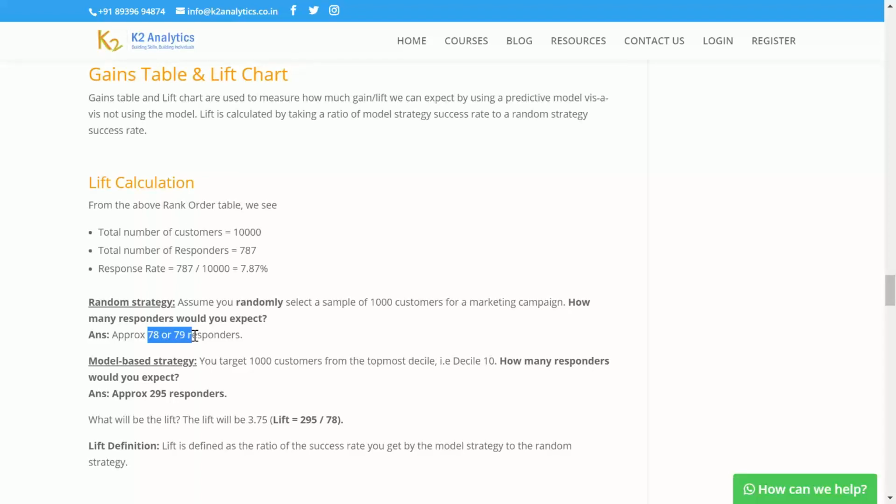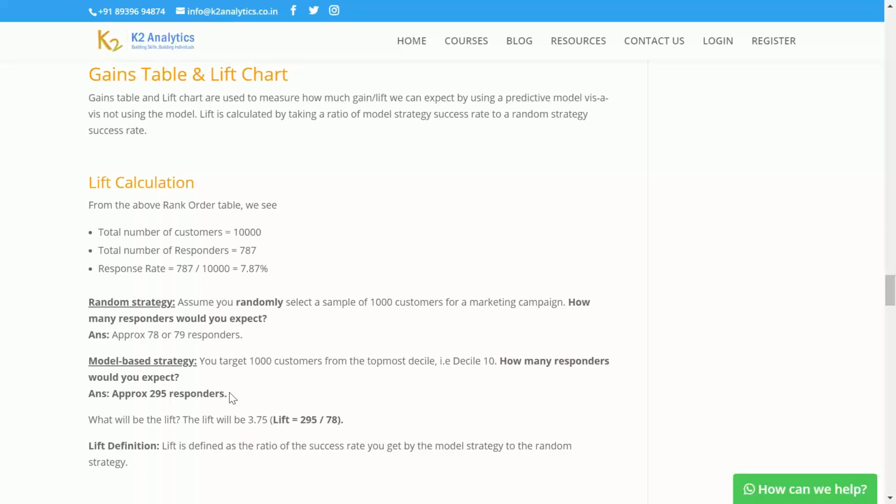However, in a model based strategy, you are going to select the topmost decile, the best segment. If I select the topmost segment, I get 1,000 customers, and from those 1,000 customers, I get approximately 295 responders. So my response rate is 295 divided by 1,000, that is 29.5%. I now compare the model strategy vis-a-vis the random strategy.